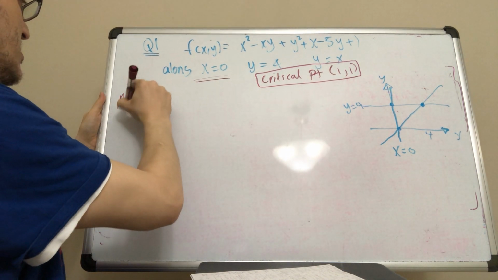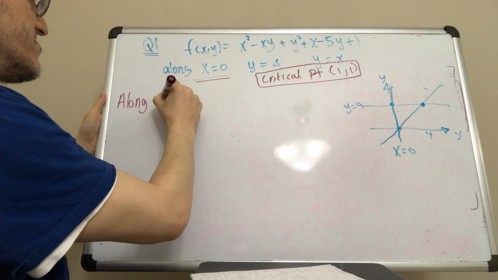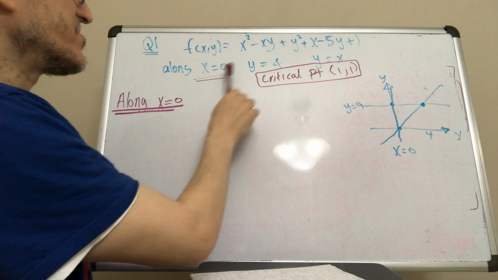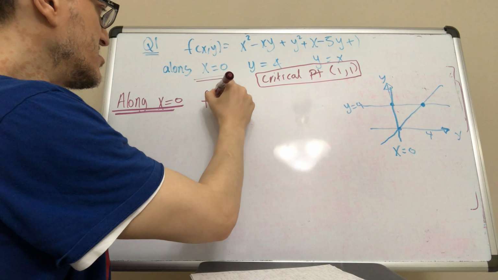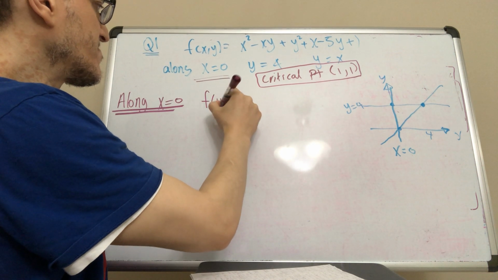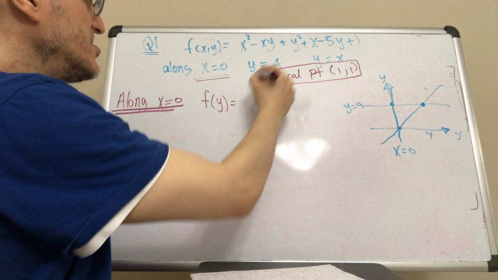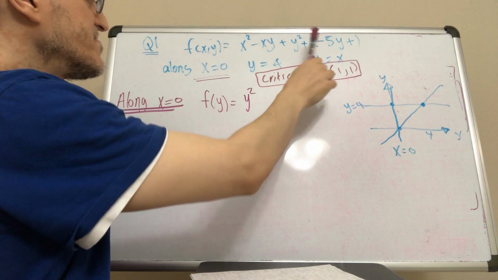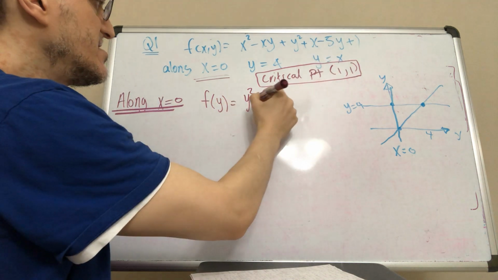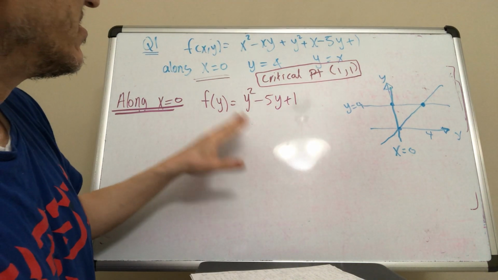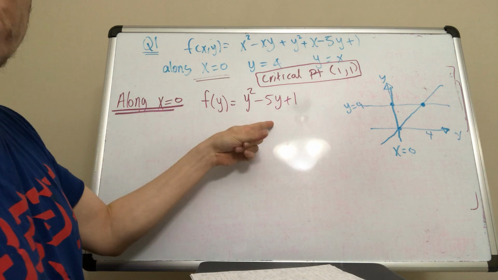So let's try and find the point along x equals 0. Plug 0 into the function. It gives you 0 here, y squared, 0 here, negative 5y, plus 1. Now after you do this, find the critical point for this.